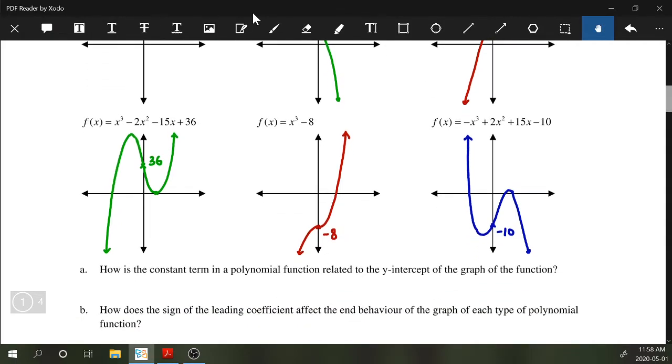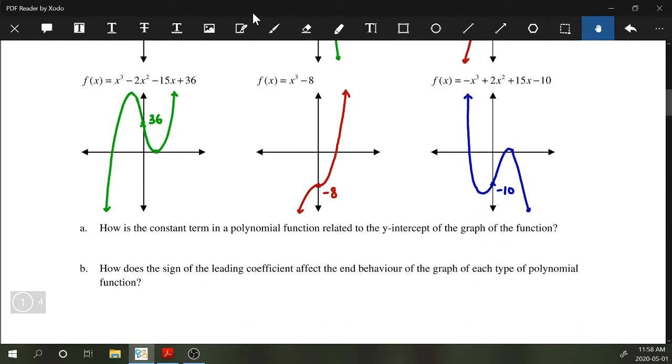So the really important information for you to glean from these 9 graphs is a couple of things. Number one, the constant term of a polynomial function is the y-intercept.